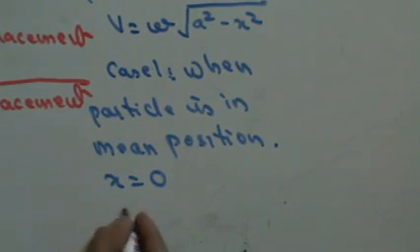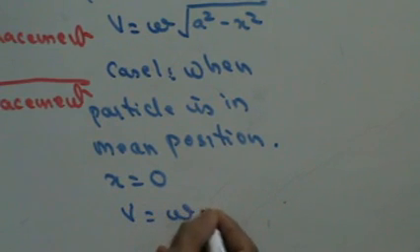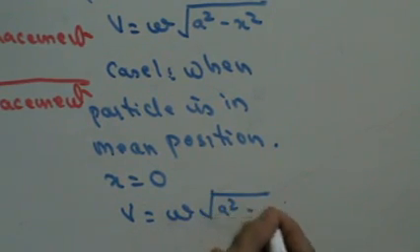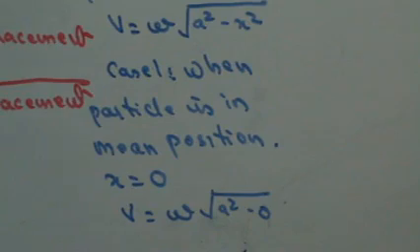In that case, v will be omega square root of a square minus 0. So v is going to be equal to a omega, since the square root of a square is a.